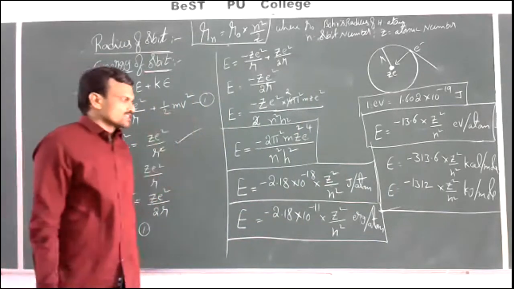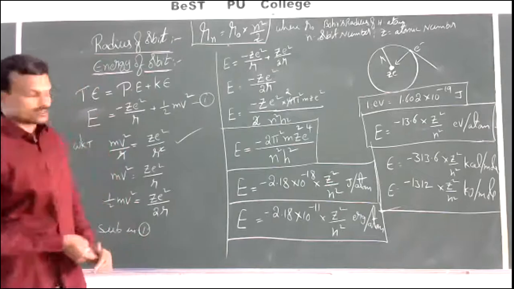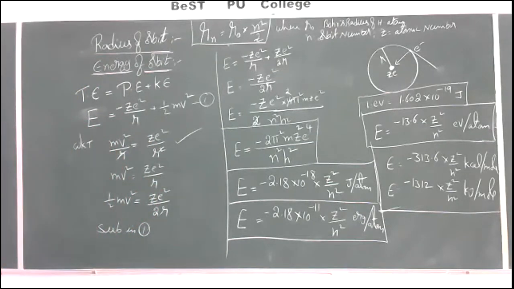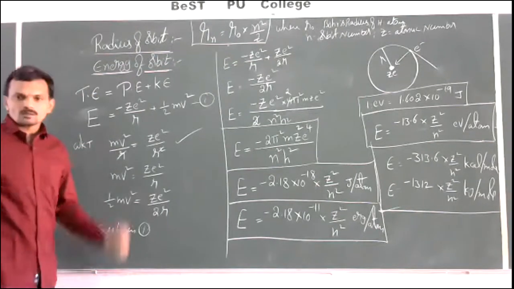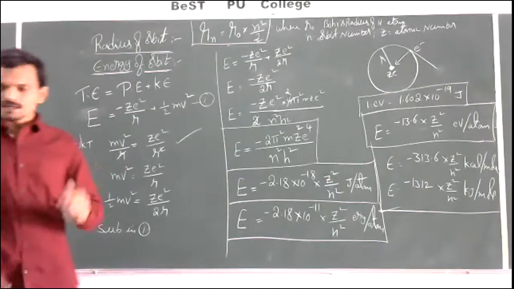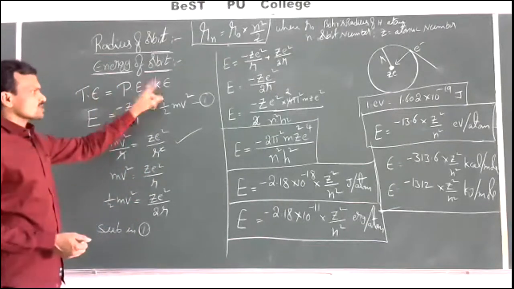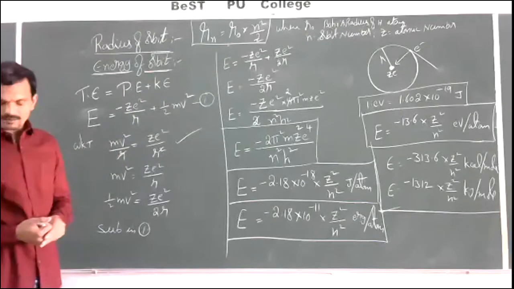So this is the expression for the energy of the orbit. Let us see all this once again. When an electron is revolving in an orbit, it possesses two types of energies, potential energy and kinetic energy. So total energy is equal to the sum of potential energy and kinetic energy.